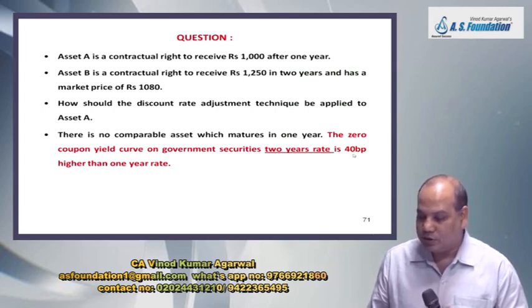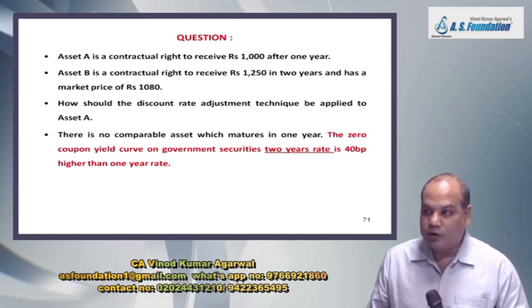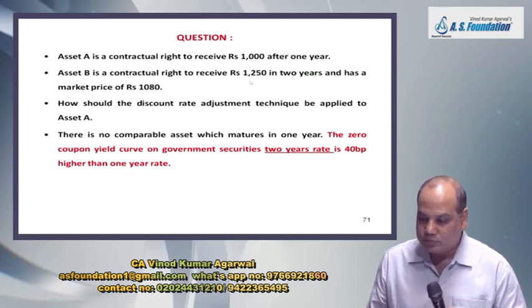Sir, what is 40 basis points? 0.4%. So to value a 1-year instrument, I'll first find out the rate applicable for a 2-year, less 0.4%, and use that as the discount rate for valuing this 1-year instrument. Is it right?